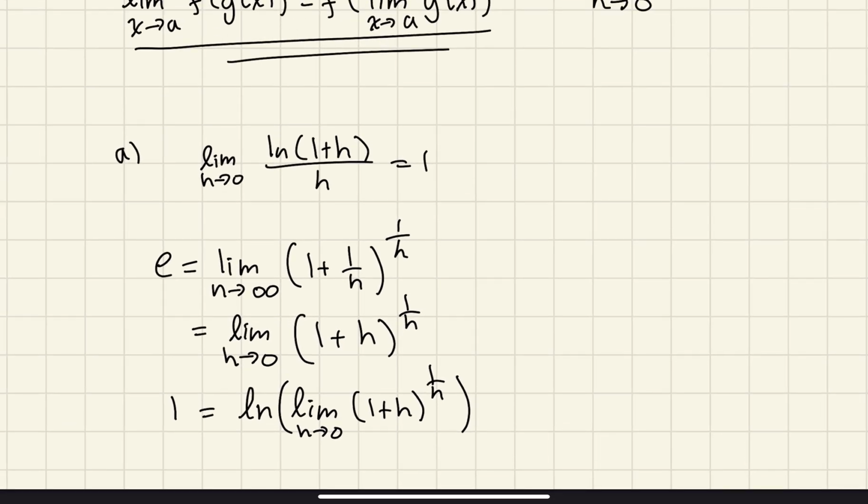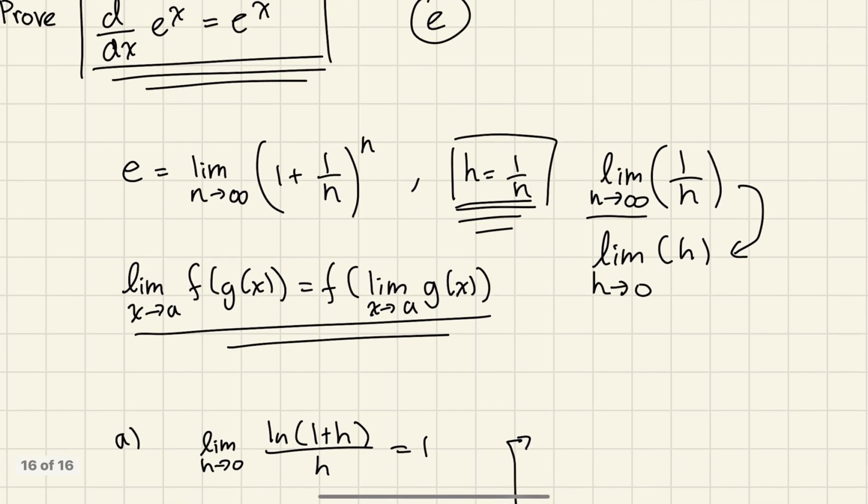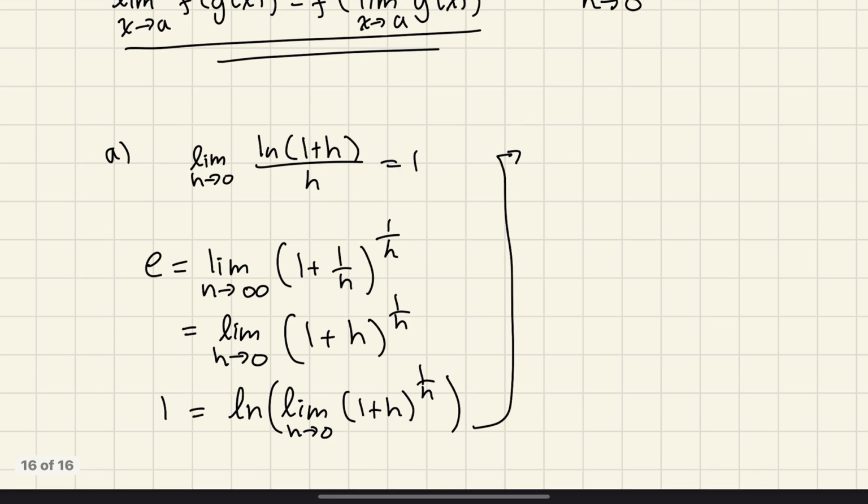And bring this back up here. We use this fact again. So we bring the ln, or the natural logarithm, inside the limit. So 1 would equal the limit as h approaches 0 of the natural logarithm of (1 plus h) to the power of 1 over h.